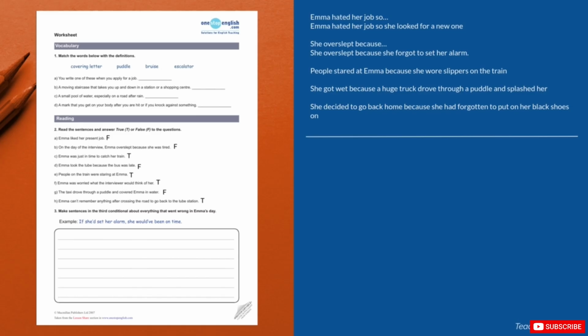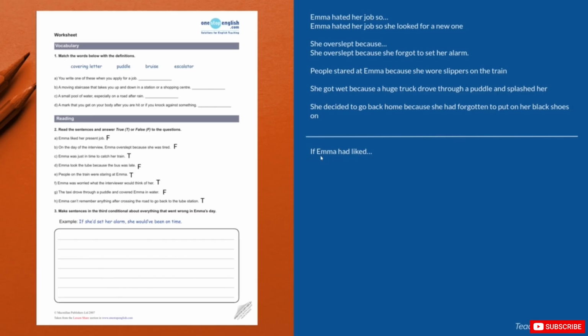What I would do here is I would just ask them a question. So we know here that Emma hated her job, so she looked for a new one. But what if Emma had liked her job? Would she have looked for a new one if she had liked her job? And I can give the student just a stem like this, the start of a sentence to try to get them thinking.